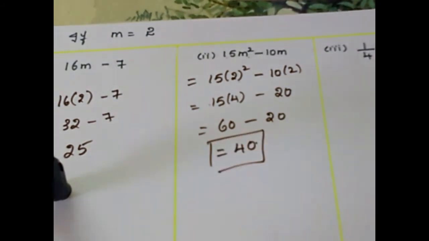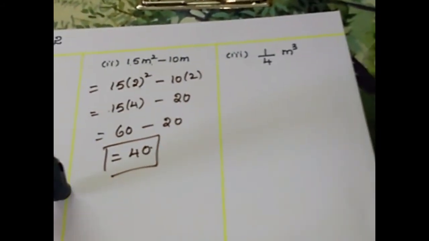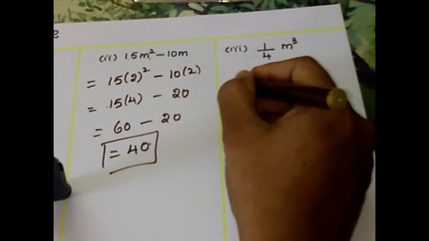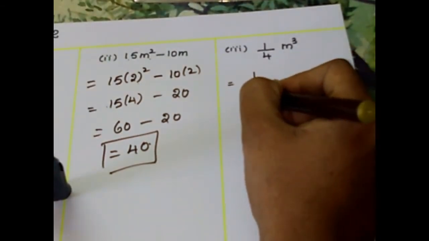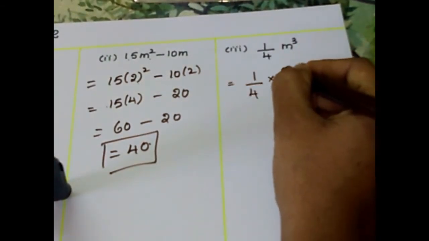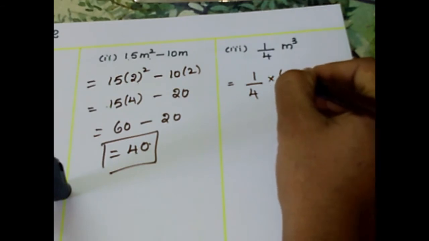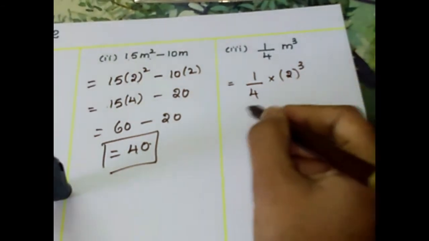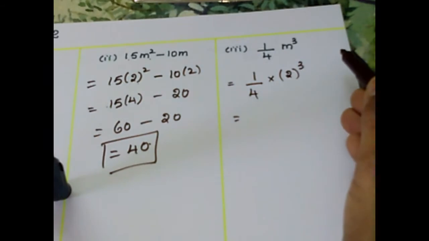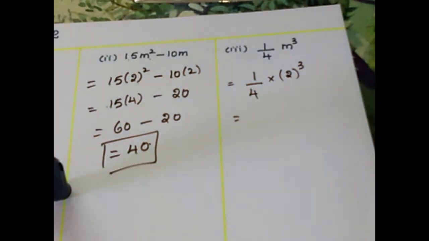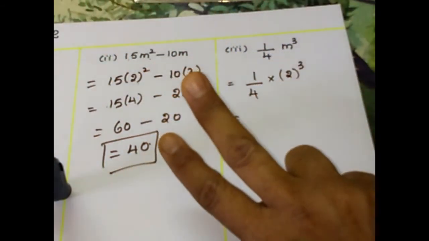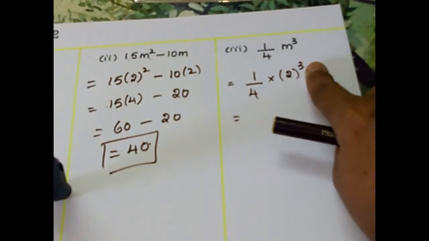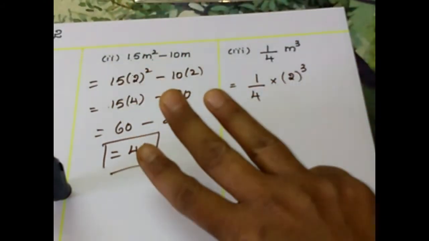Next question. 1 by 4 m cube. So nice. We had square. Now it is m cube. In the place of m, let me write 2. What is the meaning of cube, children? When it is square, we multiply the number 2 times. When it is raised to the power 3, we call it cube. We have to multiply it 3 times.